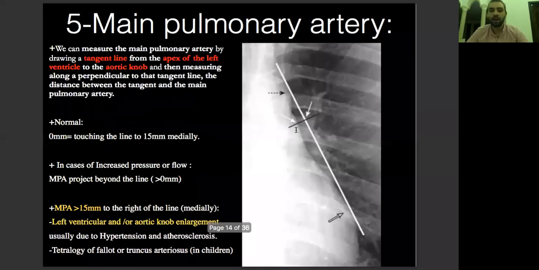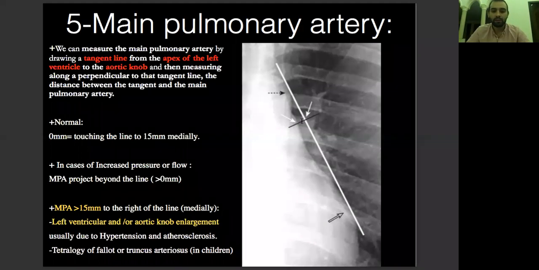Next, we should check the main pulmonary artery, seen here. It can be measured by drawing a tangent line from the apex of the left ventricle to the aortic knob, and then along a perpendicular line, measuring the distance between the tangent and the main pulmonary artery. Normally, it's between 0 and 15 millimeters medially. 0 means touching this line, the white line.